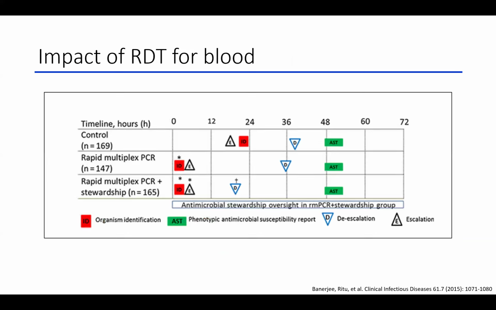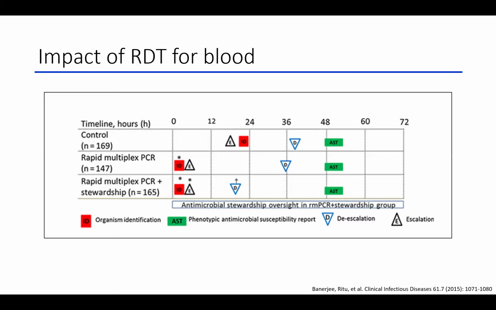And what they found here, I'm going to orient you. You can see along the x-axis is time. So at the top, you can see hours listed, 0, 12, 24, etc. And then you can see the three groups. The control is their standard of care. Rapid multiplex PCR, remember, had templated comments, but you would just get that passively reported into Epic.